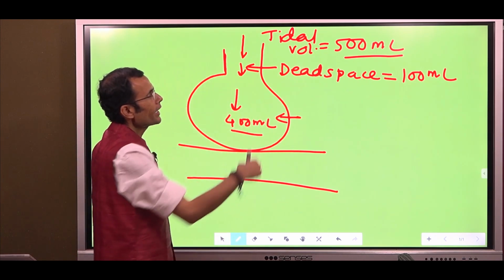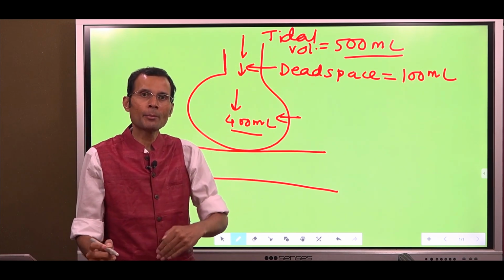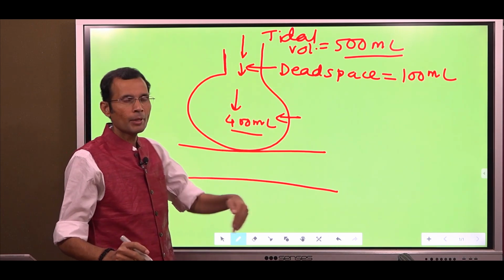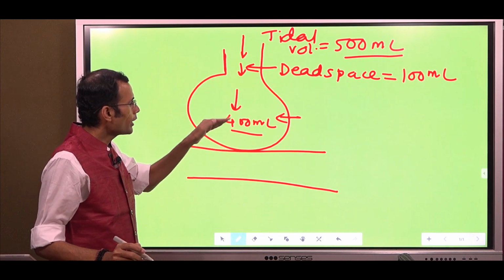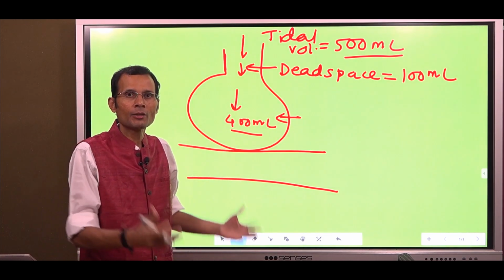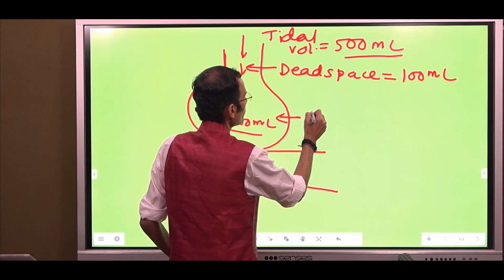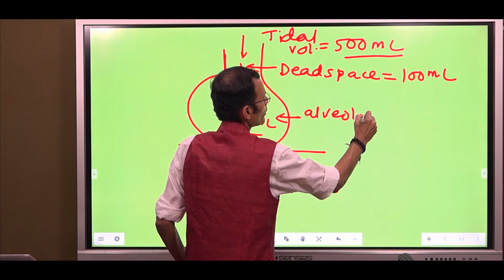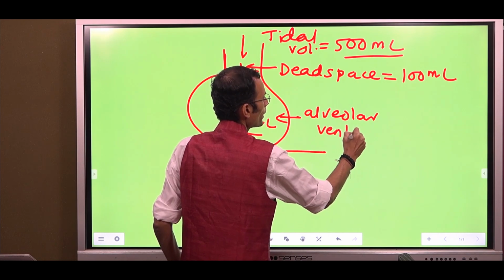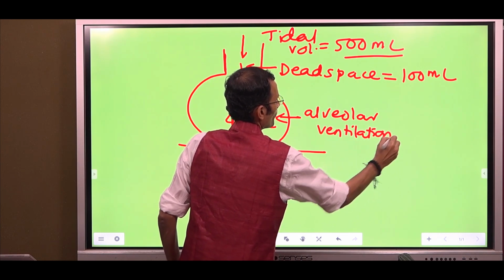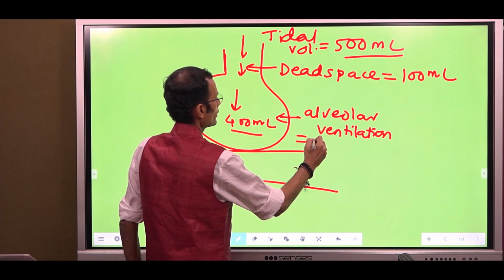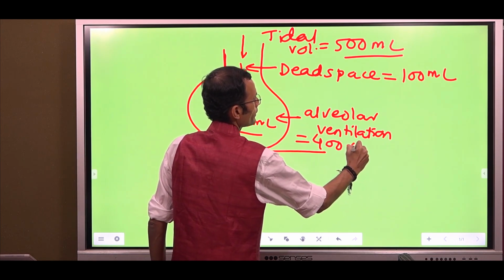So here in this case, we inspired 500 ml. Out of that, 100 ml was wasted in the dead space, and 400 ml actually reached the alveoli to take part in the gas exchange. Right? So this will be alveolar ventilation in one breath. How much? Let's say 400 ml in this case.